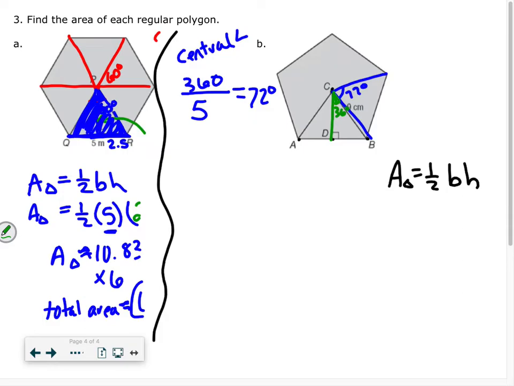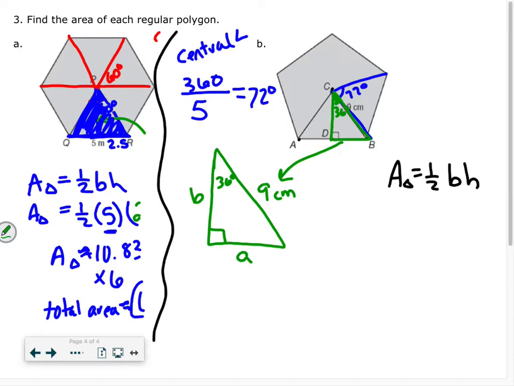So this angle is 36 degrees. I'm going to again draw that triangle out on the side, a little bit less complicated. So we have 36 for our central angle, we have 9 for this side, or the hypotenuse. I'll just use A here and B here.